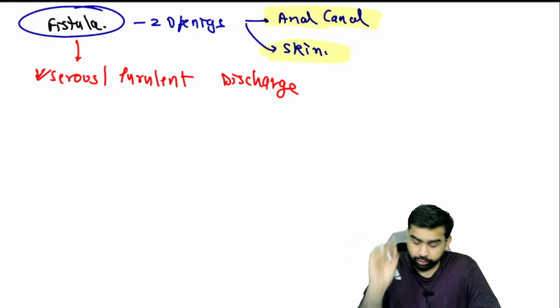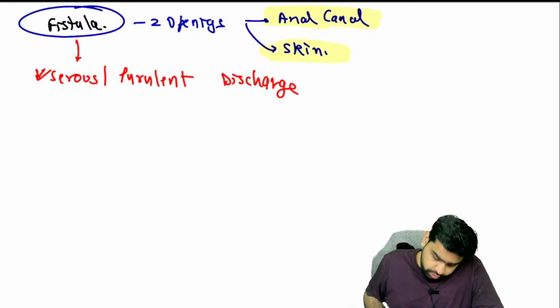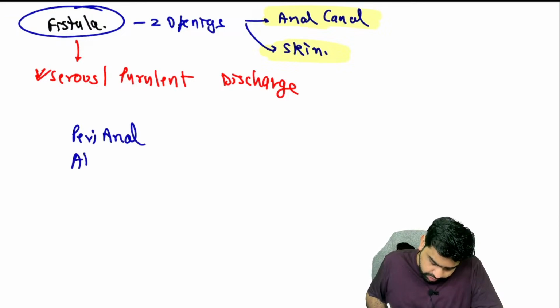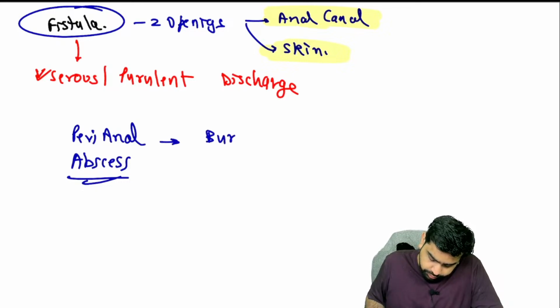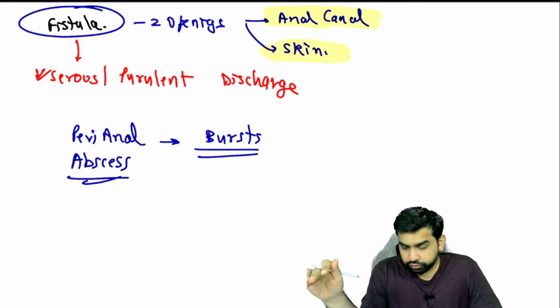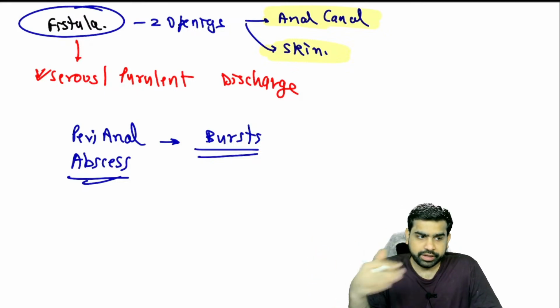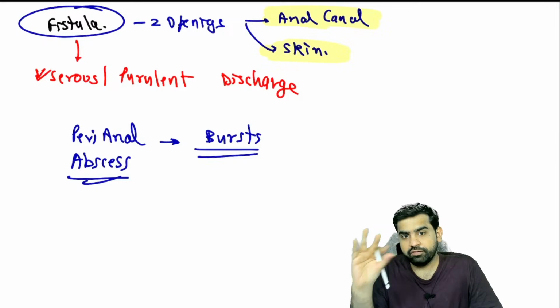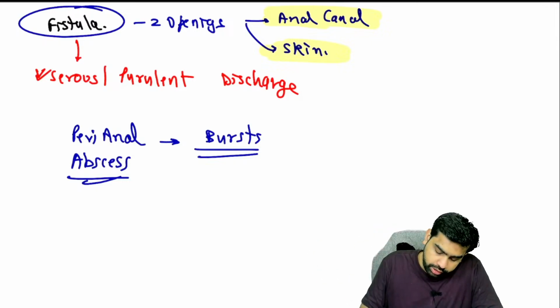Okay, understood? Now, why does this happen? There is a perianal abscess, and when this perianal abscess bursts, it can burst internally, it can burst externally, or you can do an I and D or something like that. In this manner, you have this fistula formation. Now let's talk about a couple of important points about this perianal fistula.